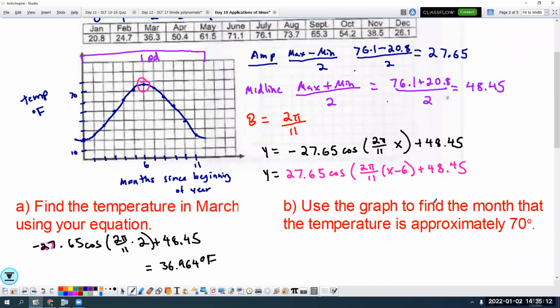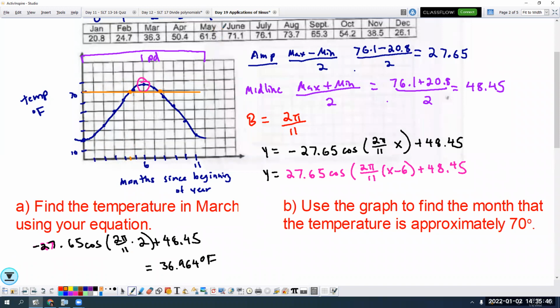Use the graph to find the month that the temperature is approximately 70 degrees. So I'm going to take advantage of my straight line tool here, and I'm going to go up to 70 degrees. I'm going to go across, and I'm going to look to see when I'm at about 70 degrees. So here and here, this would be between 4 and 5.